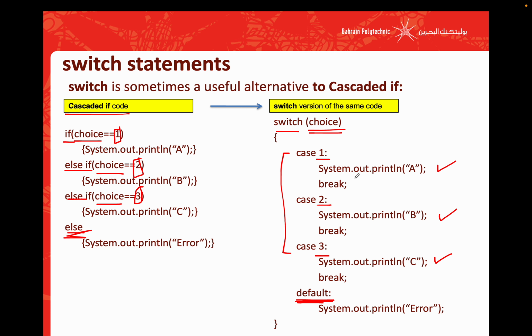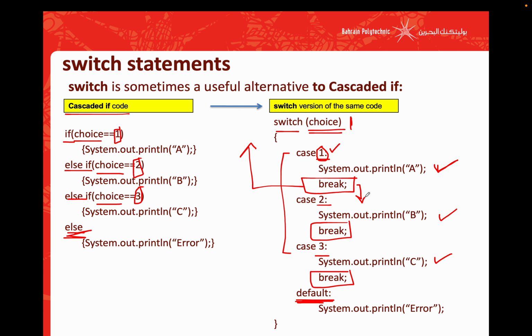But the only difference you see here is the break. Every case has a break. Why do we have this? The break literally means, if for example the value in choice is 1, this is the first match, the only match honestly here, and so in that case the system will print A. But after it's done printing A, we want to tell it to go back, because if you don't have the word break, it will keep continuing.